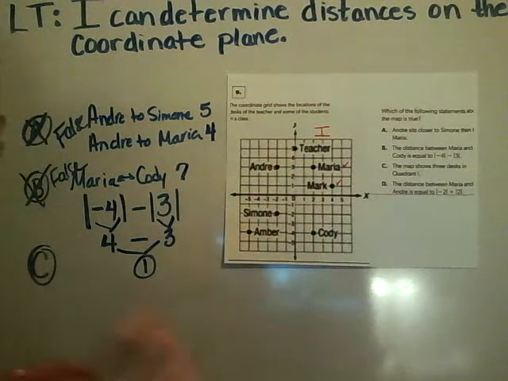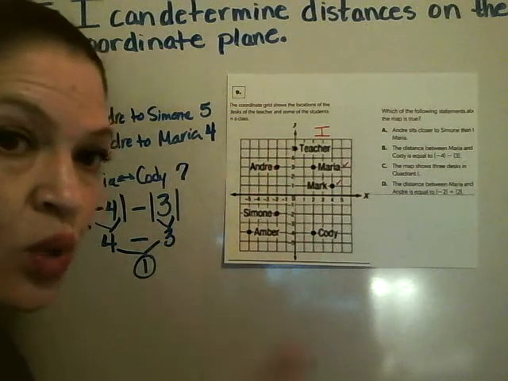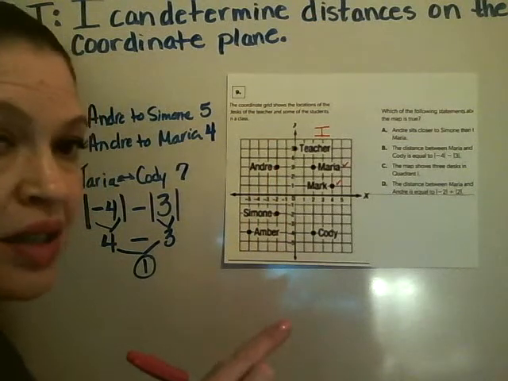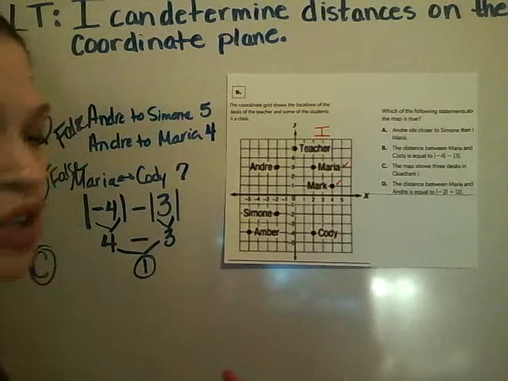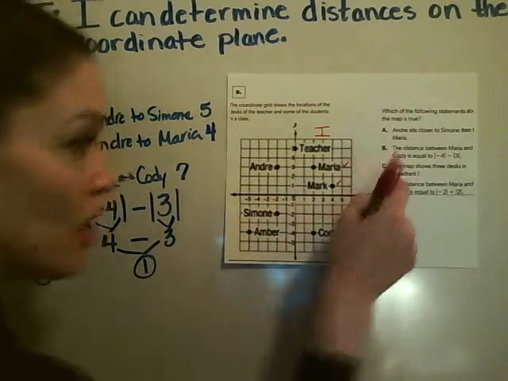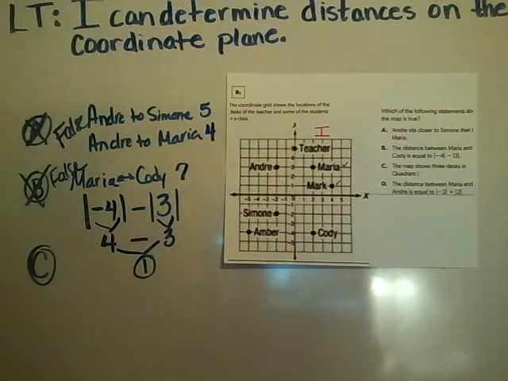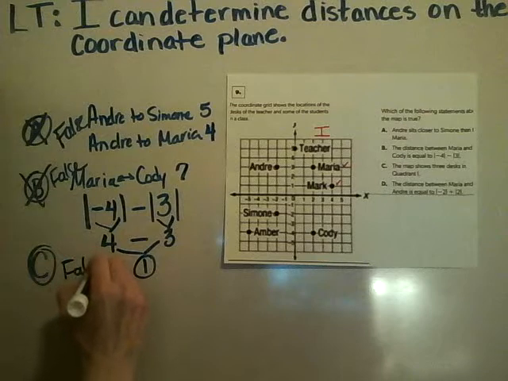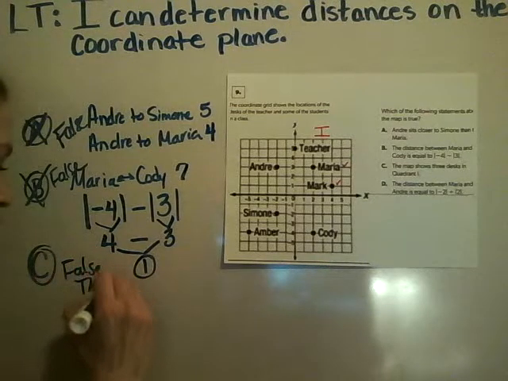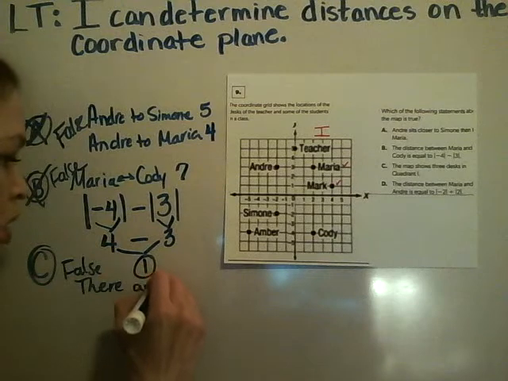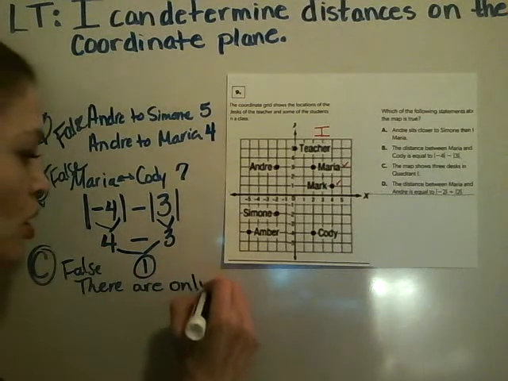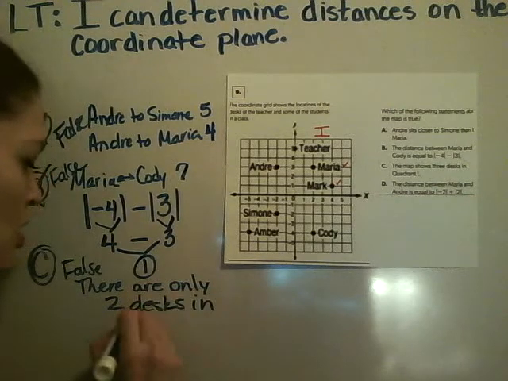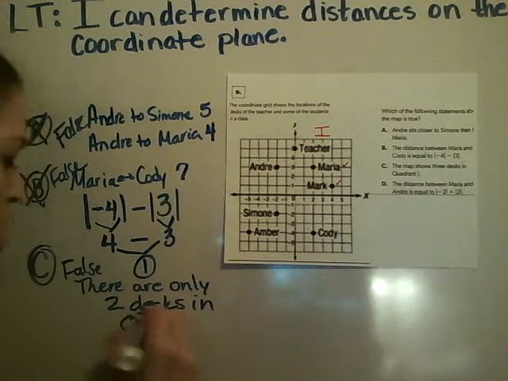No, the teacher is not in quadrant 1. The teacher is on the y-axis. So the y-axis doesn't get to be in a quadrant. So actually, C is false because there are only 2 desks in quadrant 1. So that's false.